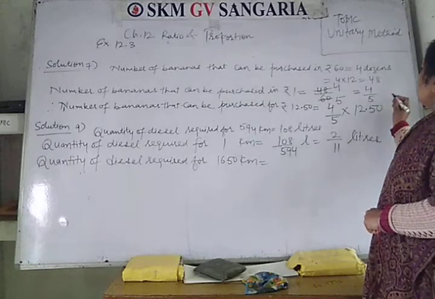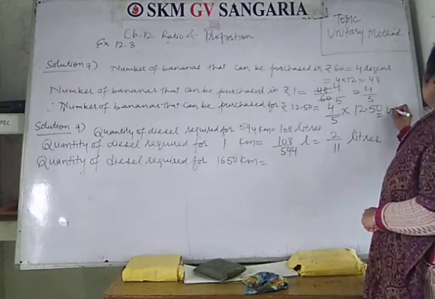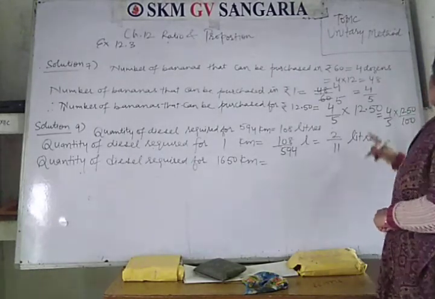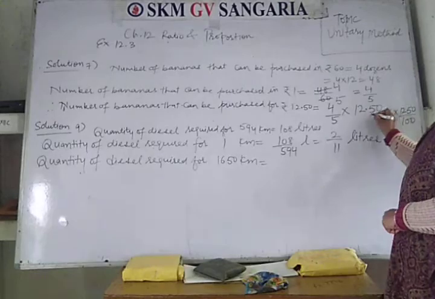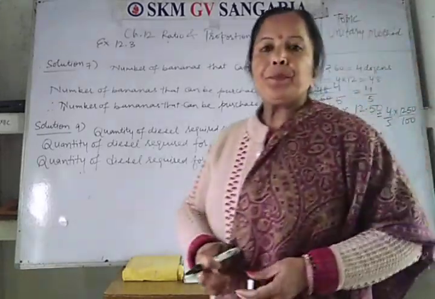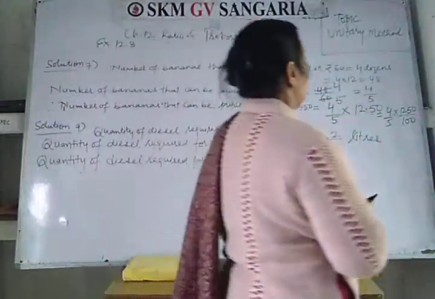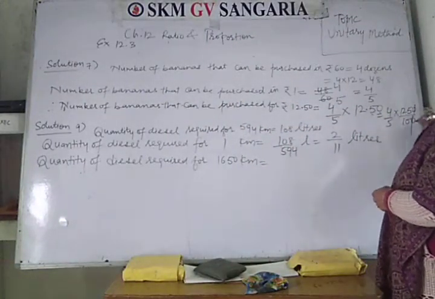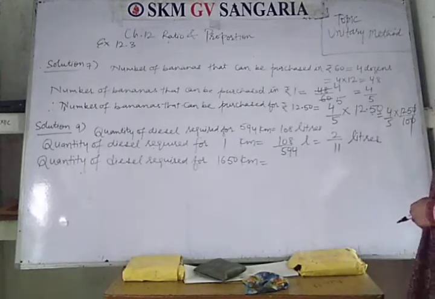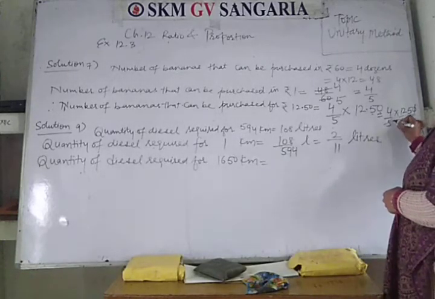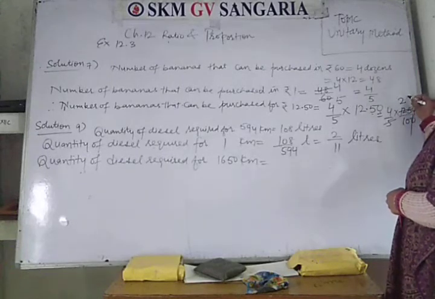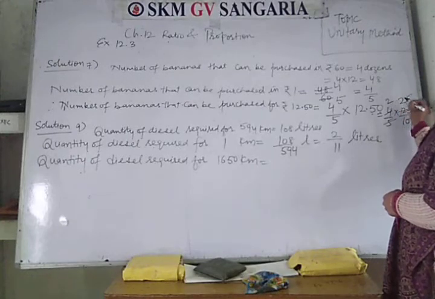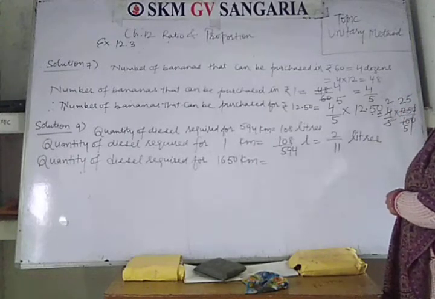You can simplify in this way also. In 4 upon 5 into 12.5, the decimal can be removed, and in place of the decimal we put 1 and after that, as many zeros as the number of digits, here 2 zeros. Now it can be simplified. Simplify 10 with 10. 5 2s are 10, 5 5s are 15. 2 2s are 4, 2 5s are 10.